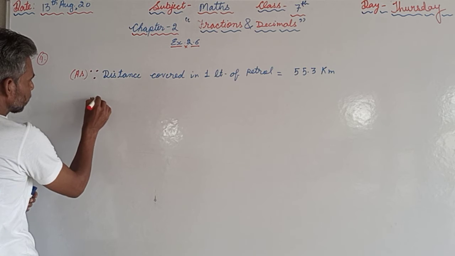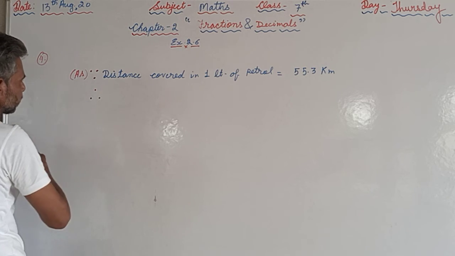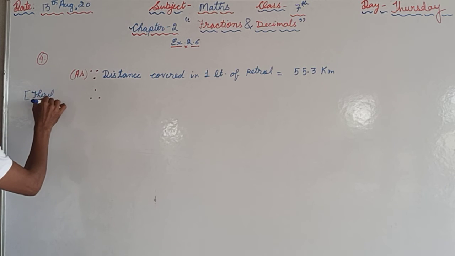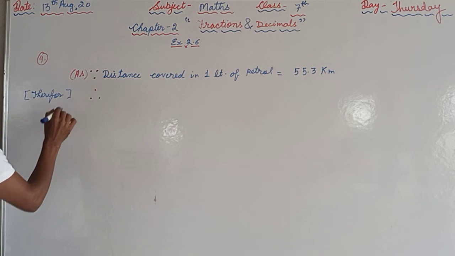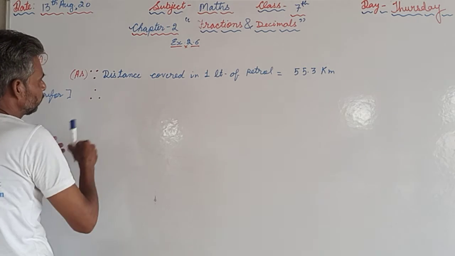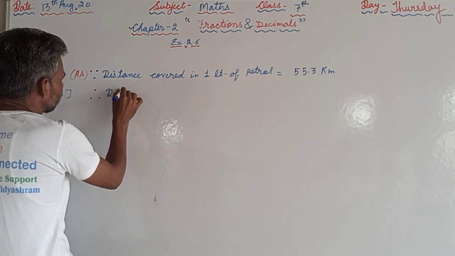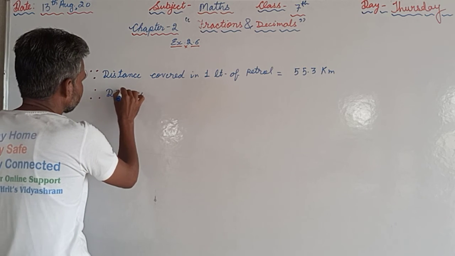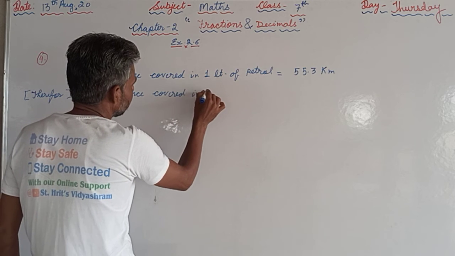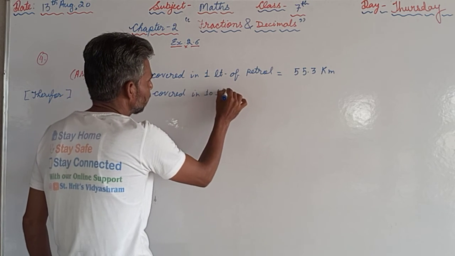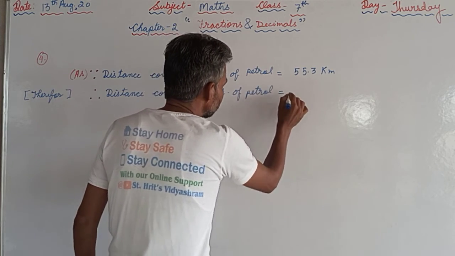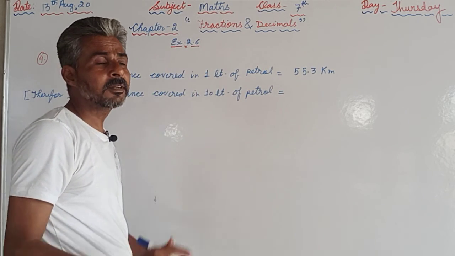So we will place the inverted sign of 'as'. This means 'therefore'. Therefore, distance covered in 10 liters of petrol. In 10 liters of petrol the vehicle will cover more distance.